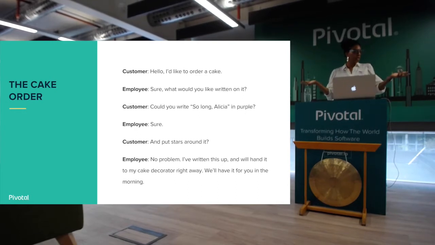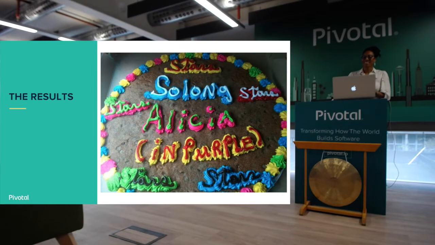So this seems like a pretty clear exchange. This is what they got. So obviously I'm guessing this isn't what the customer had in mind. So clearly something was lost in translation, even though the words were very, very clear.